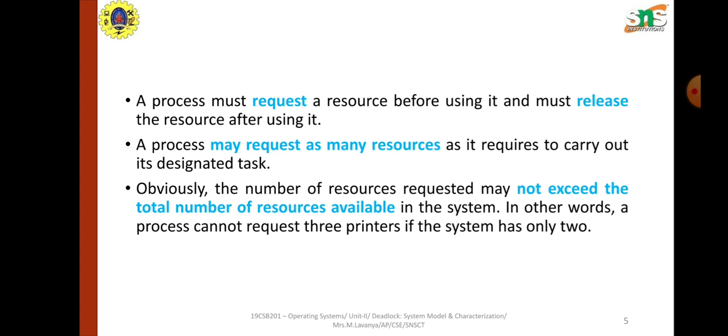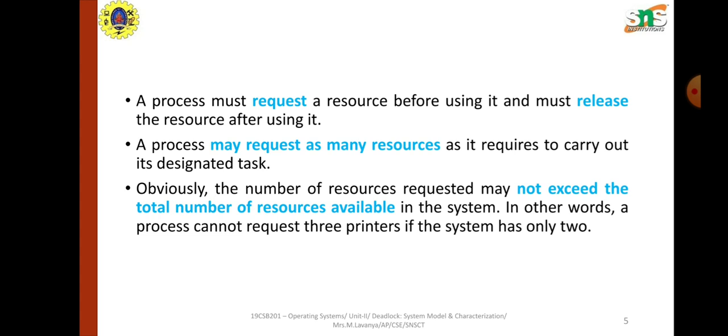The number of resources requested may not exceed the total number of available resources in the system. This is an important scenario. If a process needs, for example, 10 resources for execution, those 10 resources must be available in the system.